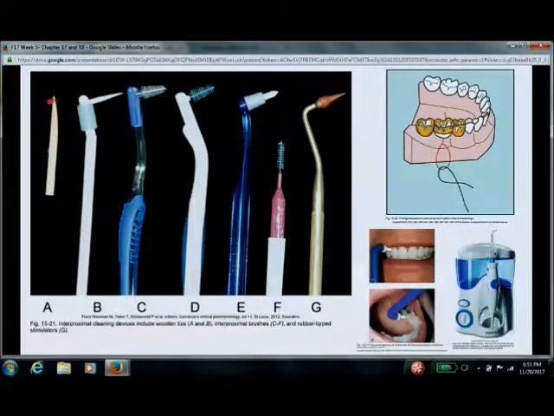This is a Stimudent that uses, it's a toothpick-like thing. I'm not a big fan of toothpicks unless they are rounded on the ends. Most people who use toothpicks use them because they're pointed, but the points can actually damage the tissue. So you can actually poke holes in your gums with these and then lose tissue.